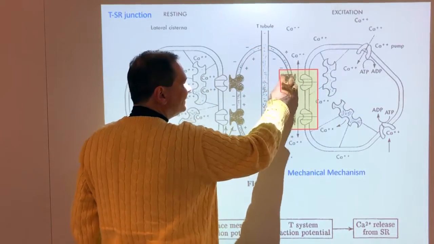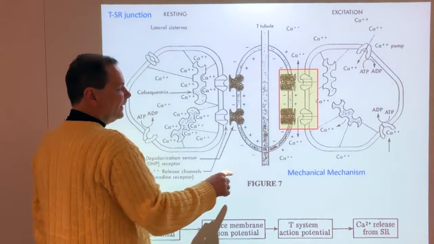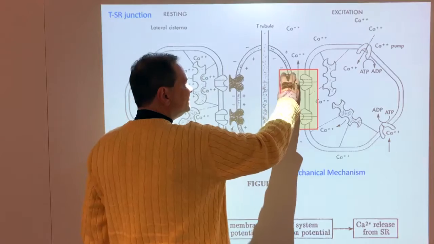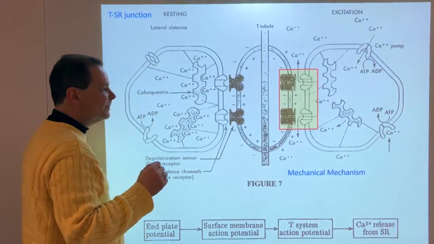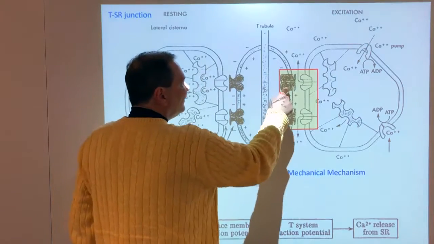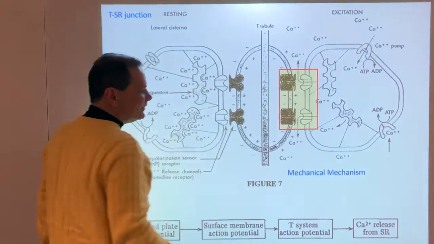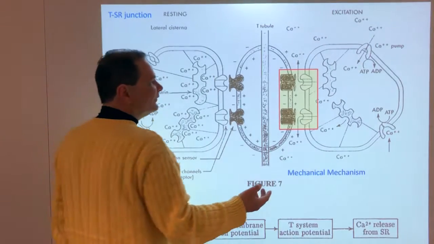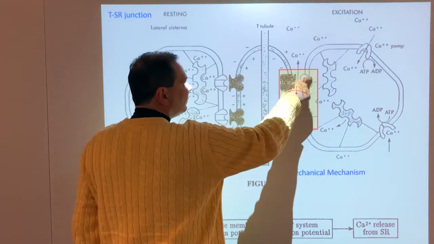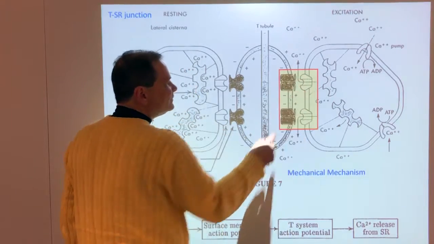The voltage hits the DHPR, or the voltage sensor, or the depolarization sensor, and this sensor changes conformation in response to the voltage. And this voltage sensor is directly hooked up, at least that's the current predominant theory, and it's very, very well accepted in most scientific circles. It's directly hooked up to the SR calcium release channel.